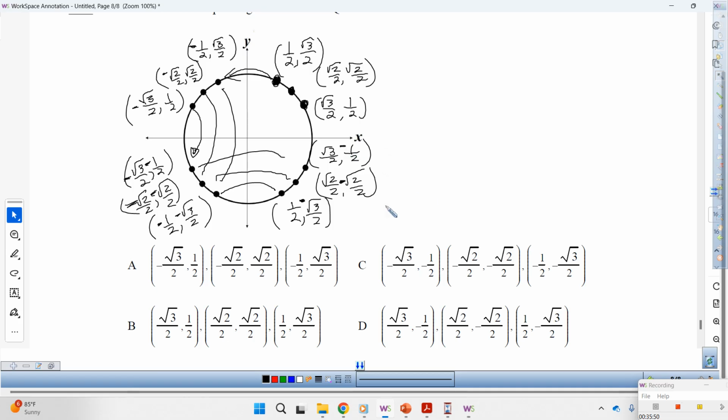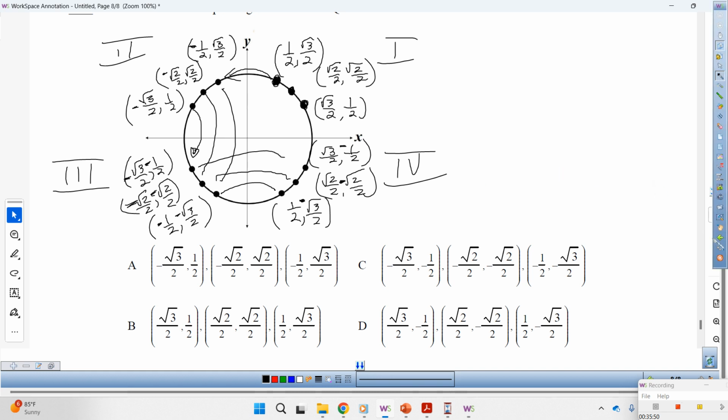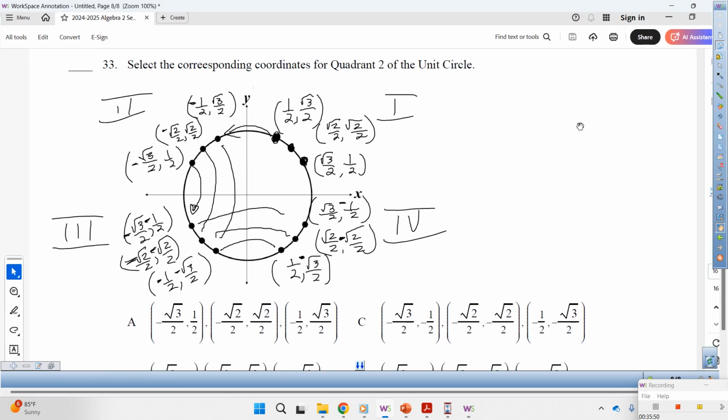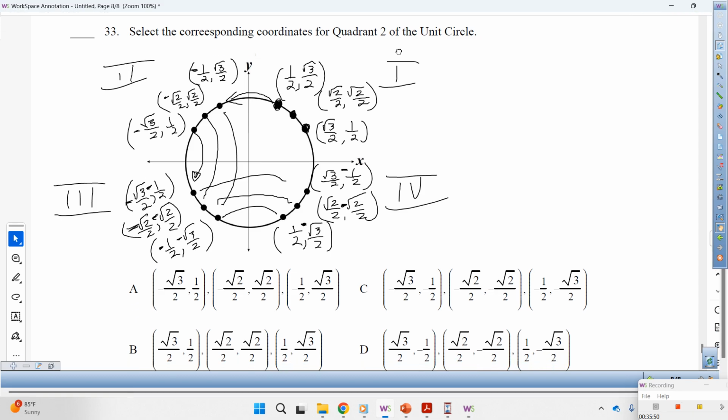So with that said, quadrant 1, quadrant 2, quadrant 3, and quadrant 4. The question is asking, select the corresponding coordinates for quadrant 2.